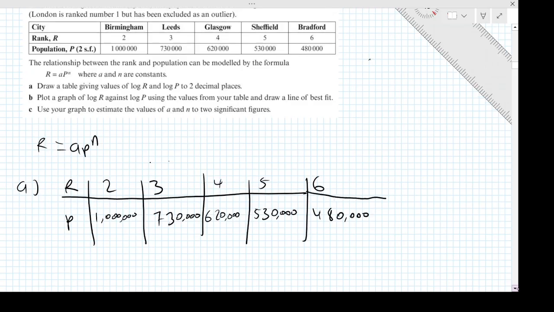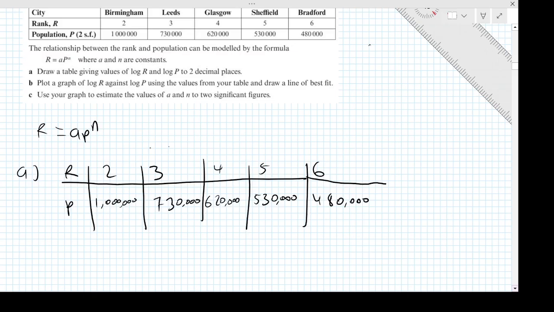So that's the values of R and P given in my table. Then it wants me to draw a table with the values of log R and log P. So what I essentially need to do is log all the values.